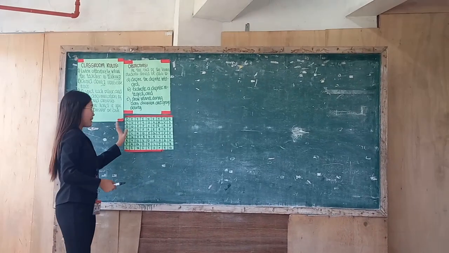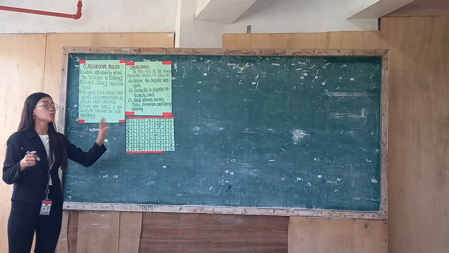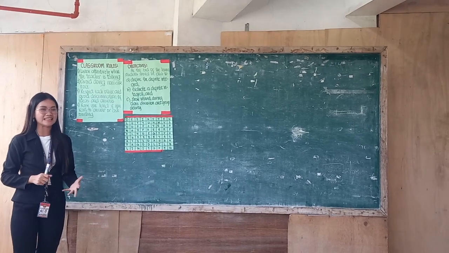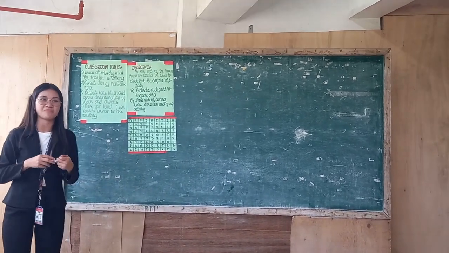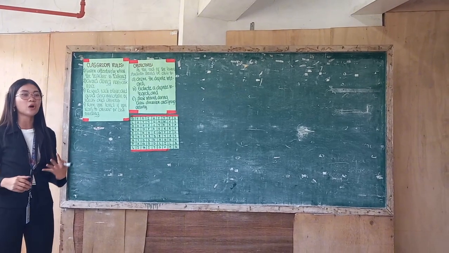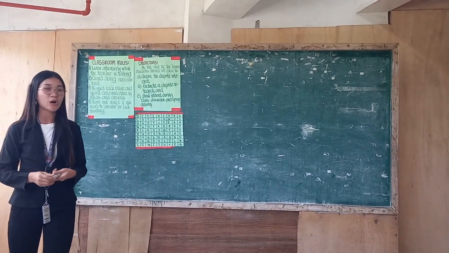Given the crossword puzzle, please locate words that you think are connected to definite integral, and please write it in a one-word sheet of paper because later on we are going to check if it is correct or wrong.